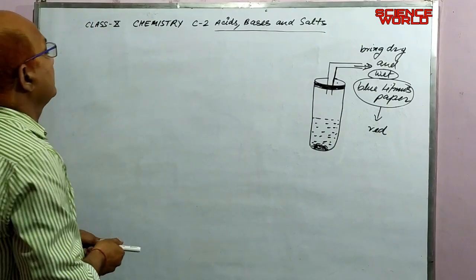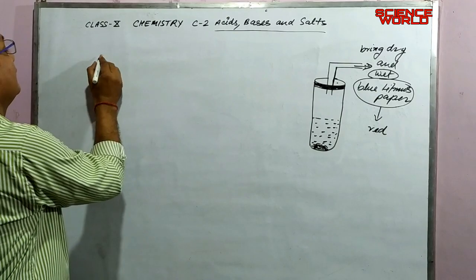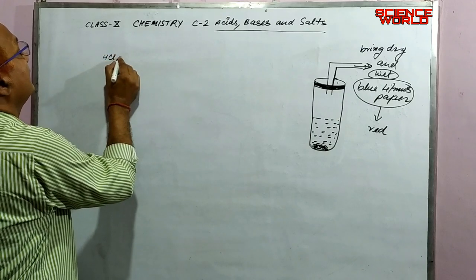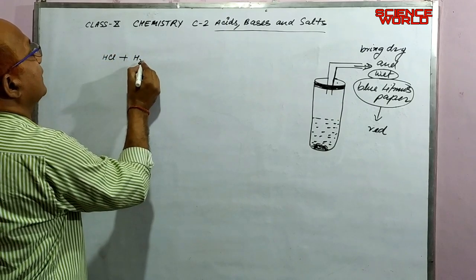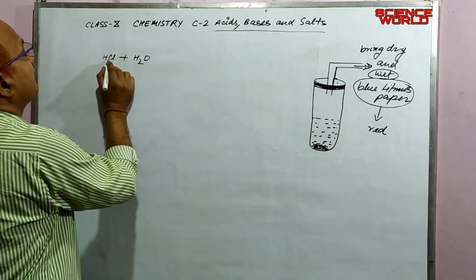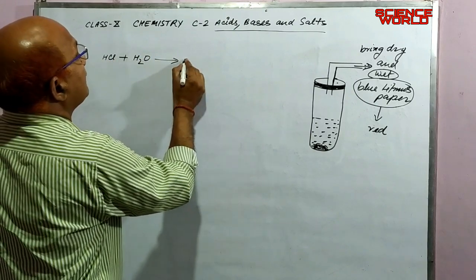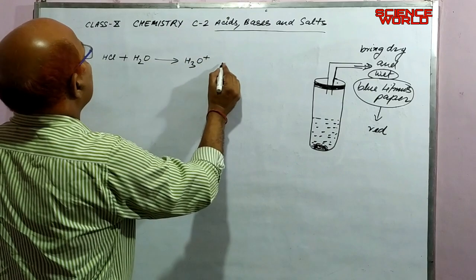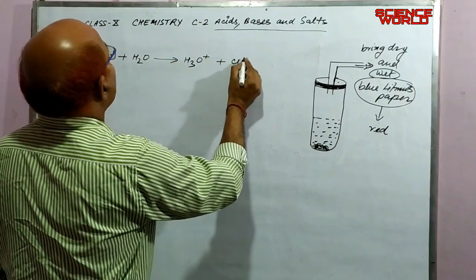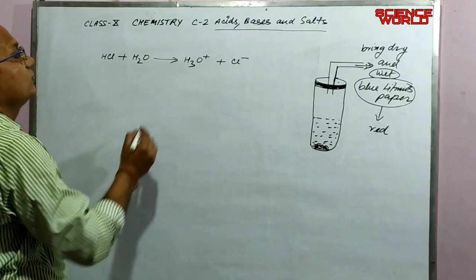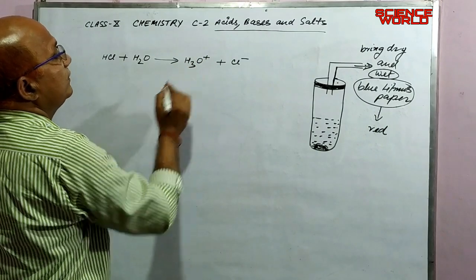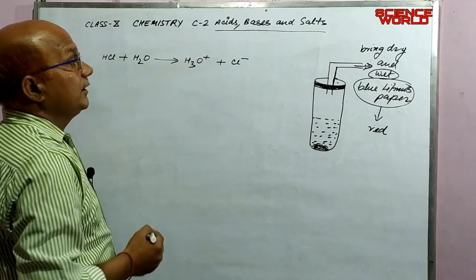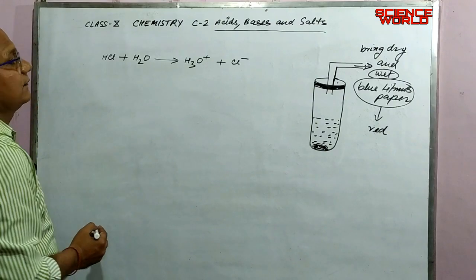Now, see what happens when HCl is in presence of water, when it reacts with water, then hydronium ion, this is hydronium ion, and Cl minus ion. So, hydronium ions are produced in it, and due to hydronium ion it shows acidic character.